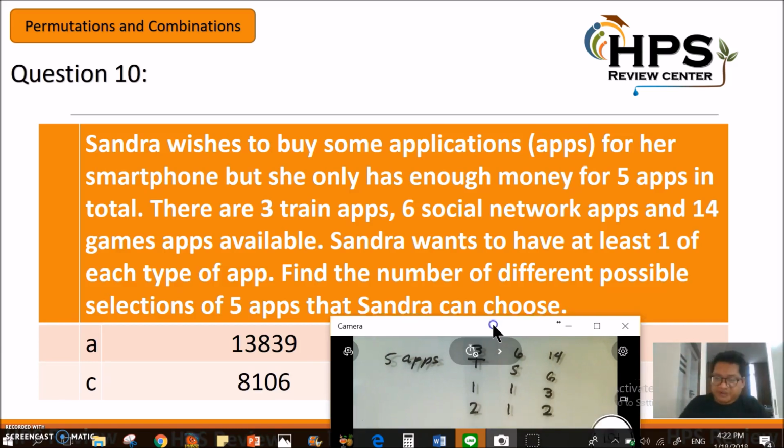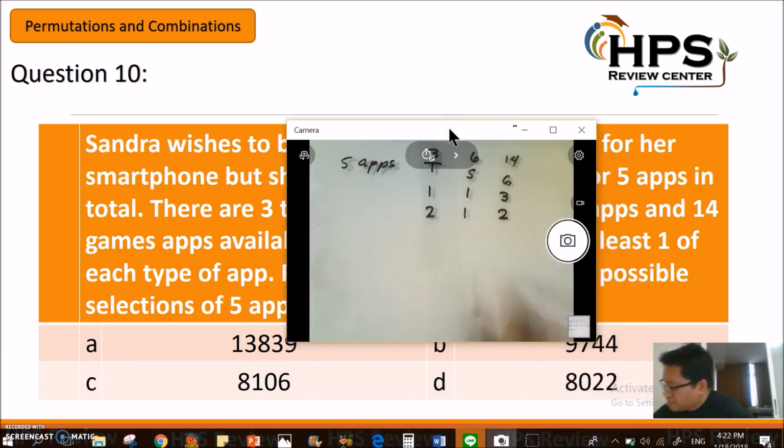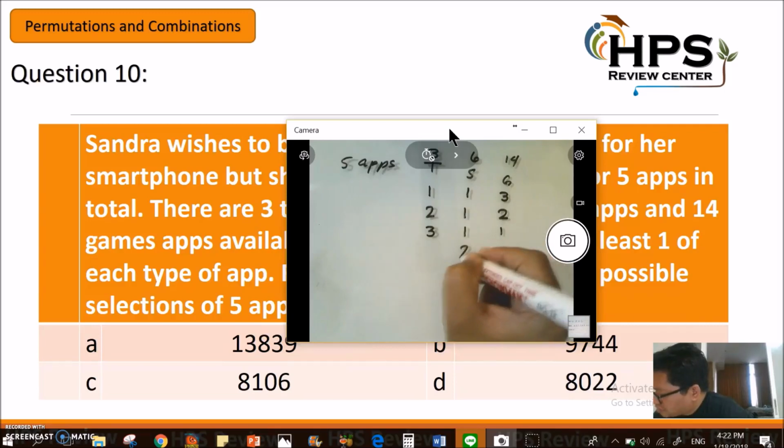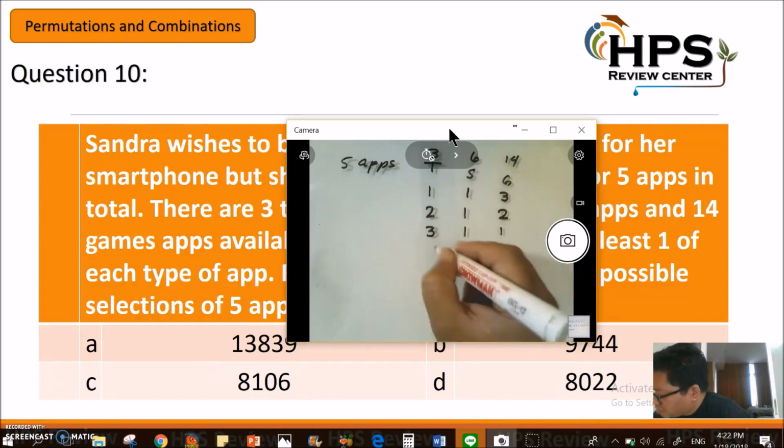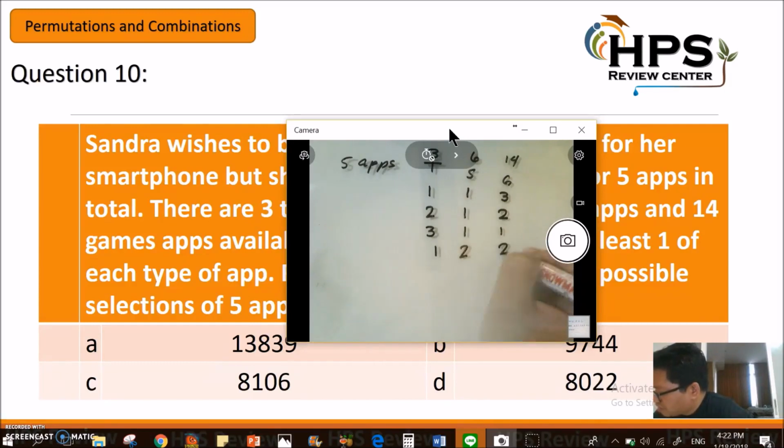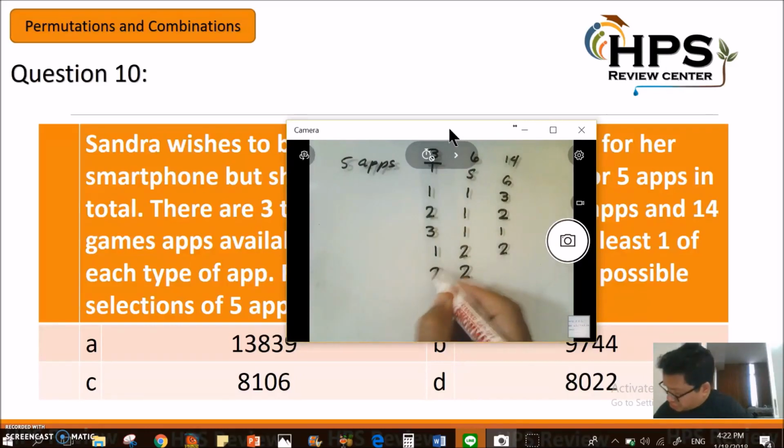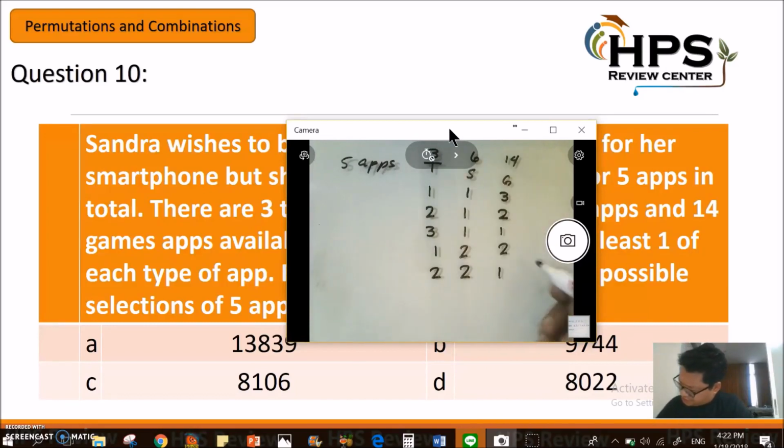And then you have 3 here, so 1 for each. So what about if there are 2 social network apps and there is 1 here, it means there are 2 there. Or if there are 2 social network apps, then there are 2 of this, then you will end up with 1 of this.